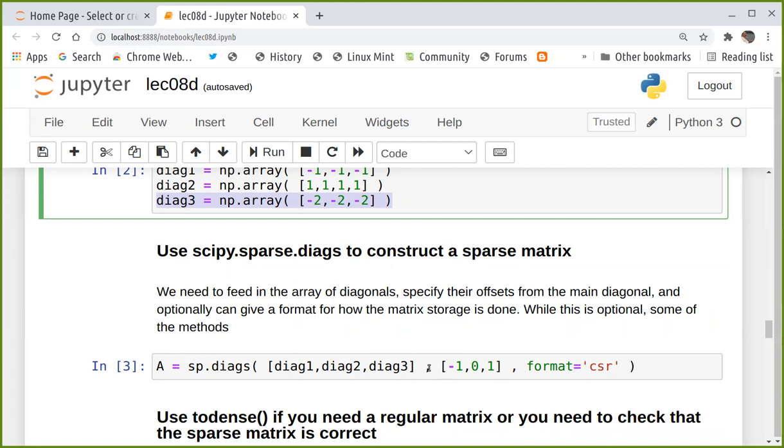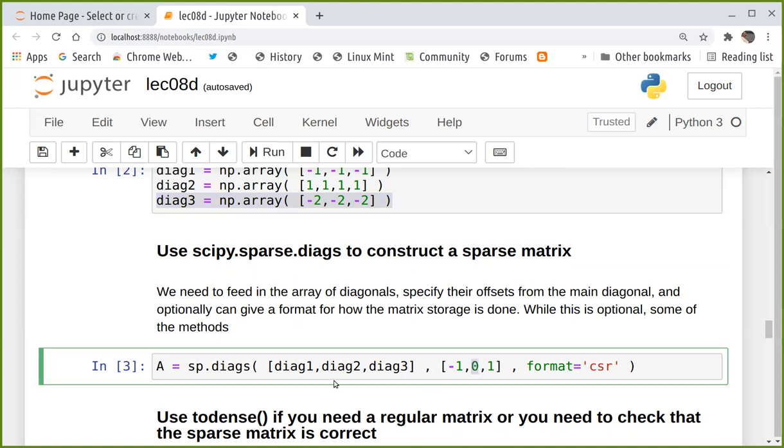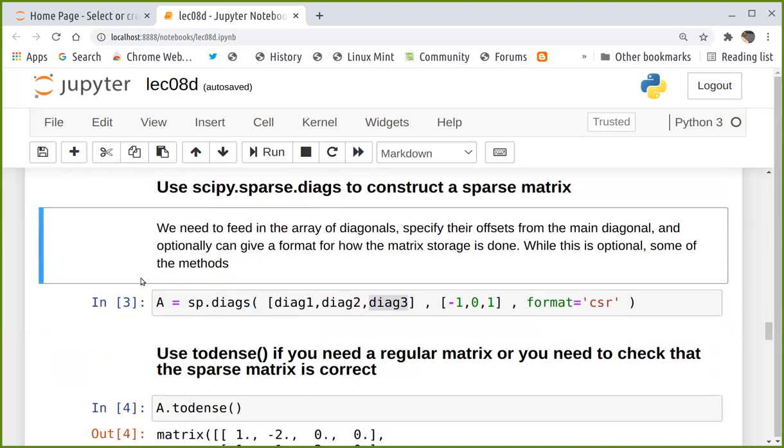And then you tell it where those diagonals live within the matrix A. So when you specify -1, that means that the first entry, diag 1, is the lower diagonal. When you specify 0, that means that diag 2 is the main diagonal. And when you specify 1, that means that diag 3 is the upper diagonal. Okay, so up to here for the construction of A, is that clear so far?